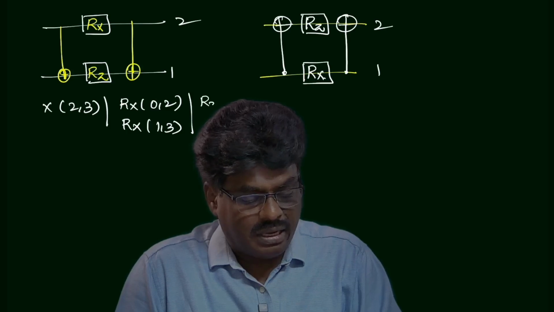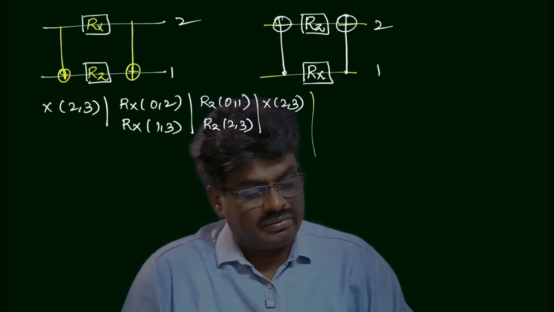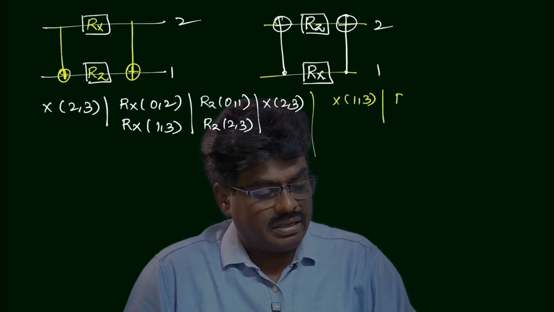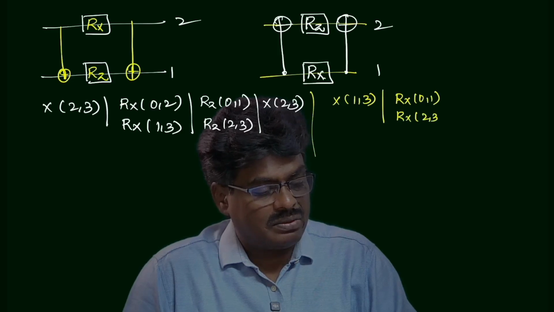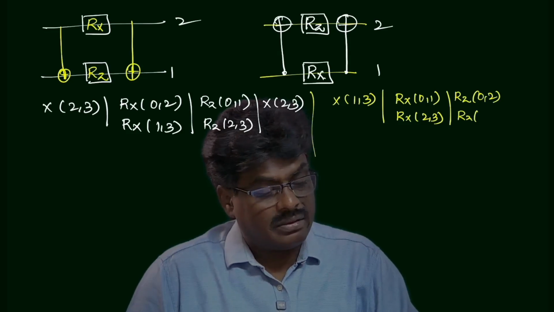So this is rz 0 comma 1 and rz 2 comma 3 and x 2 comma 3, and after that this is x 1 comma 3, next rx 0 comma 1 and rx 2 comma 3, next rz, anything you can take, it's not a problem, rz 0 comma 2 and rz 1 comma 3, and the next x 1 comma 3.